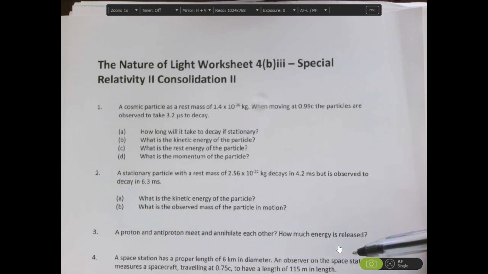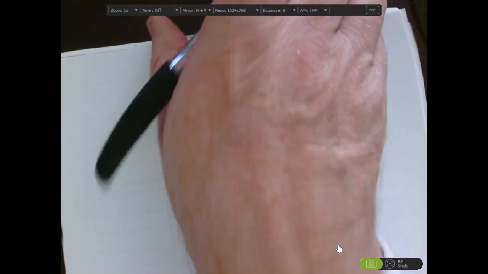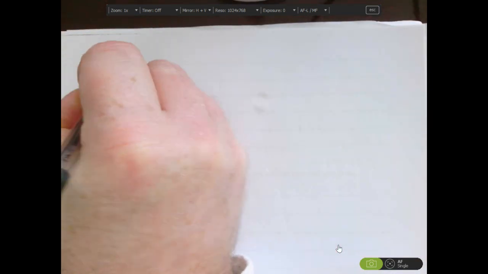That's the relativistic mass, that concept of the slope of the graph getting larger. Rightio. So let's start with the kinetic energy. To find the kinetic energy, we need to find the gamma factor. So let's just write down the formula.